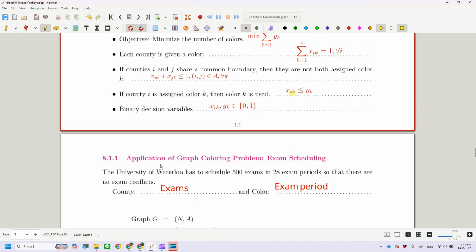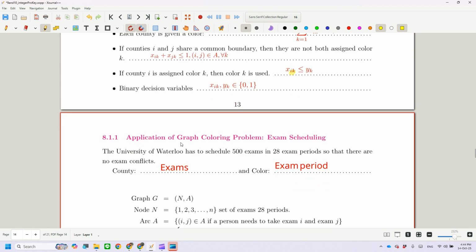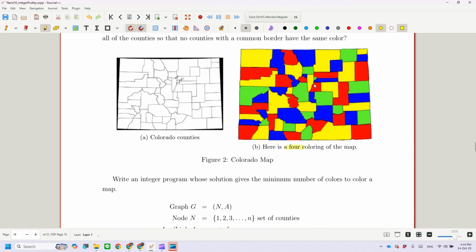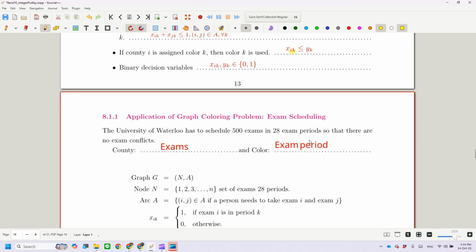Okay, and then next you might wonder about the applications of graph coloring problems, and one application that I can find is exam scheduling. So suppose a university has 500 exams in 28 time periods, and we want to schedule so that there's no time conflict for students.